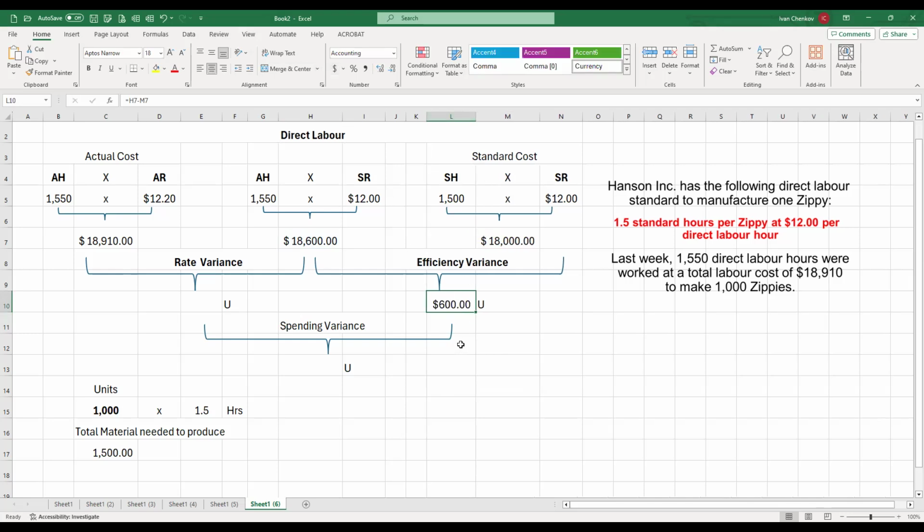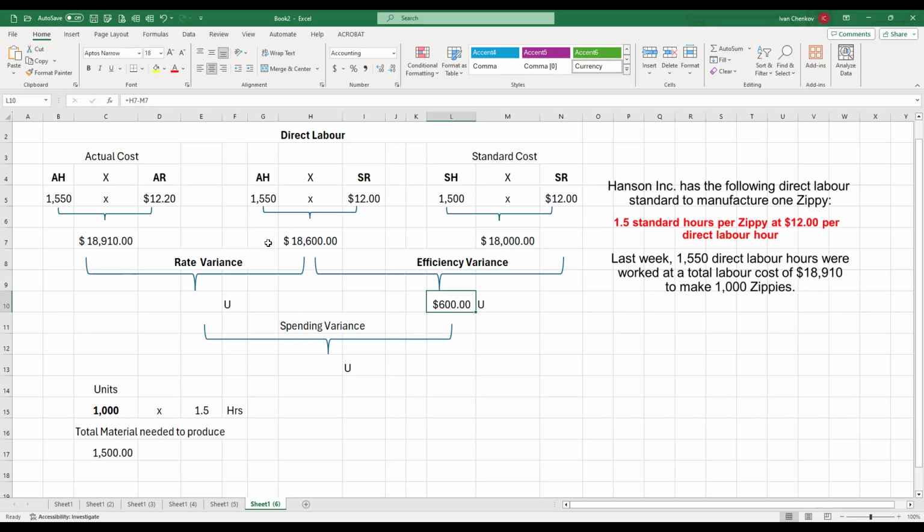Why are we spending $600? Because we're using 50 more hours, correct? For the 50 more hours, how much are we paying per hour? $12. So that's gonna give us 600 exactly. 50 times 12, 600.